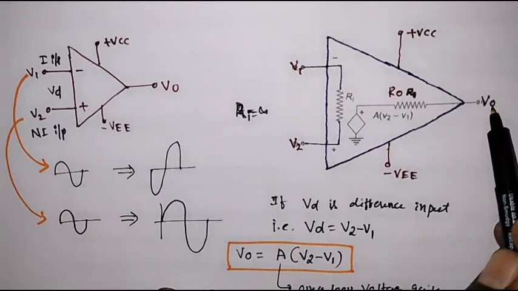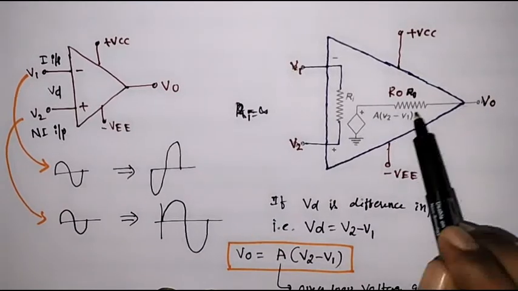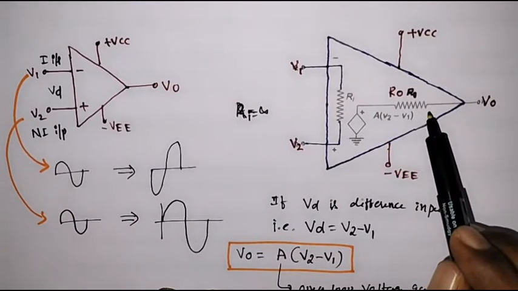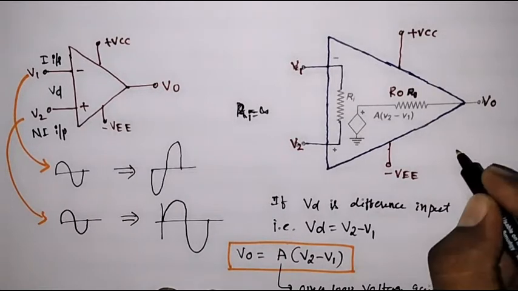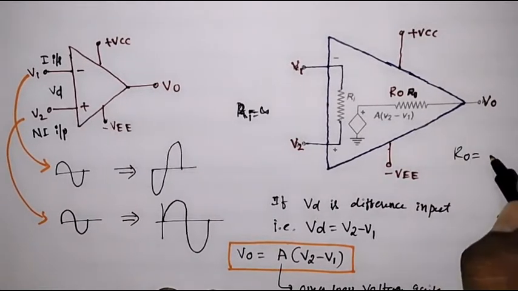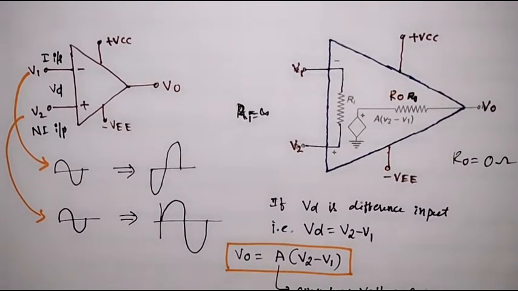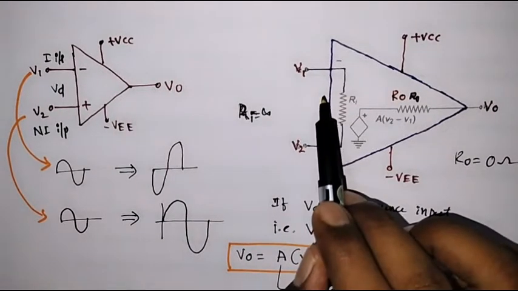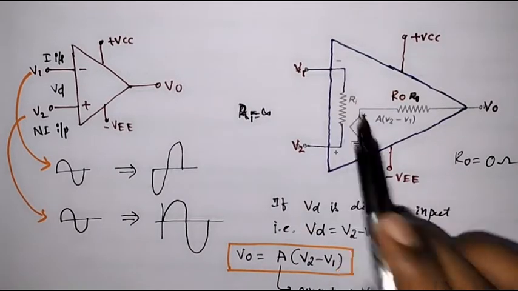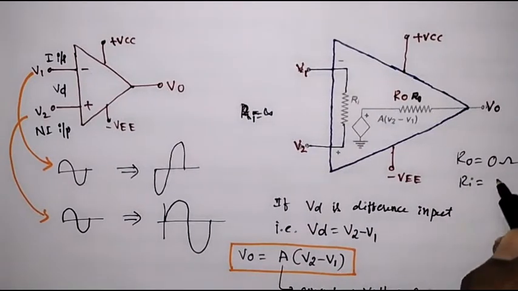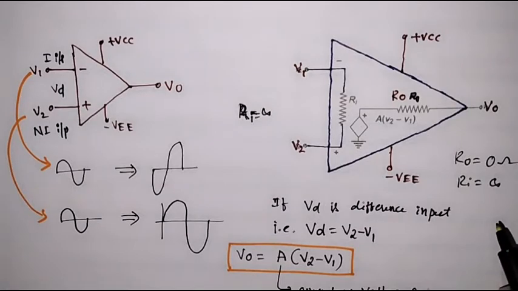That's why the output voltage will be 0. For this reason, the output impedance of op-amp must be very less, or ideally it will be 0 ohm. Whereas the input impedance of op-amp, that is Ri, must be infinity, that is very high value.